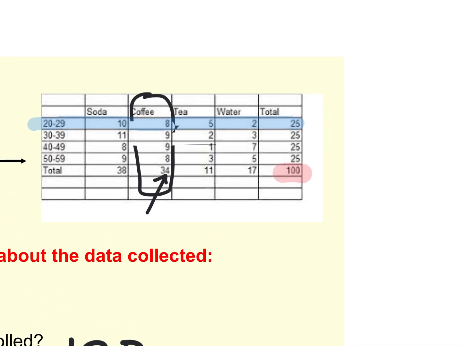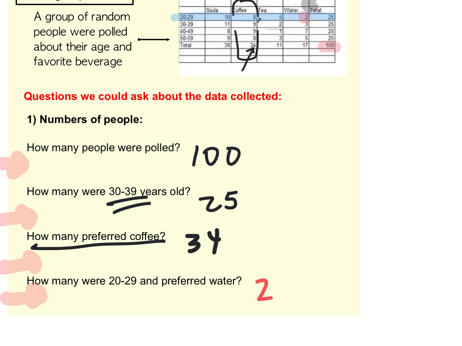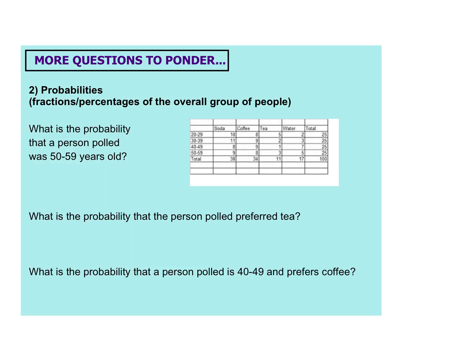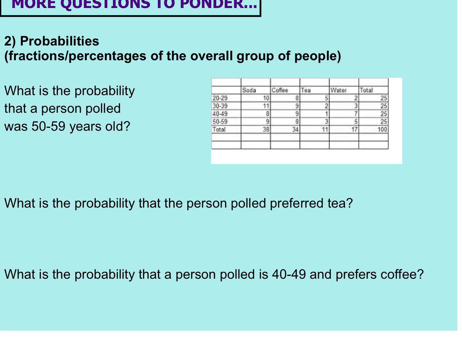So that's this one right there. So you had to be both 20 to 29 and you had to like water. So that's a very small group of people. It was 2. Okay, so that's just getting data off of these tables. And now they're going to actually ask us some probability questions.